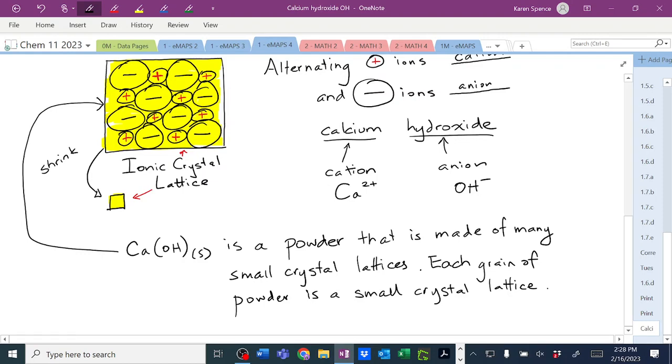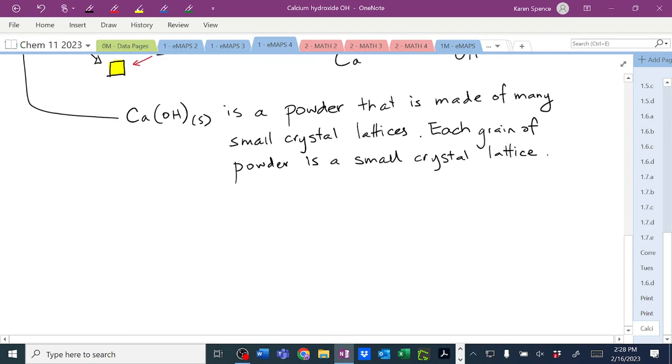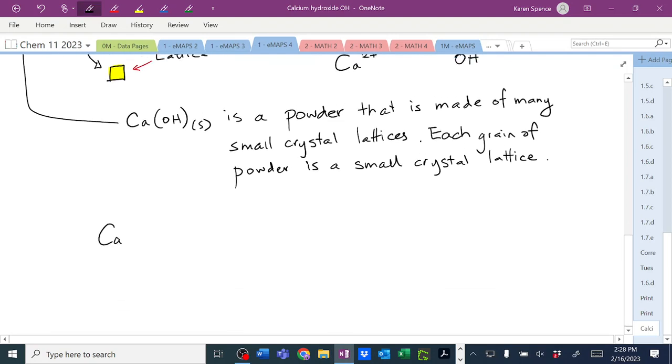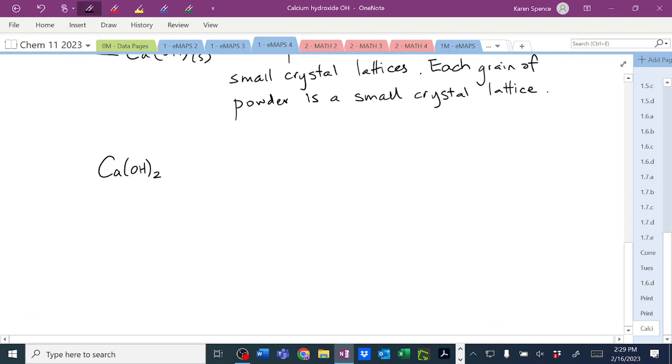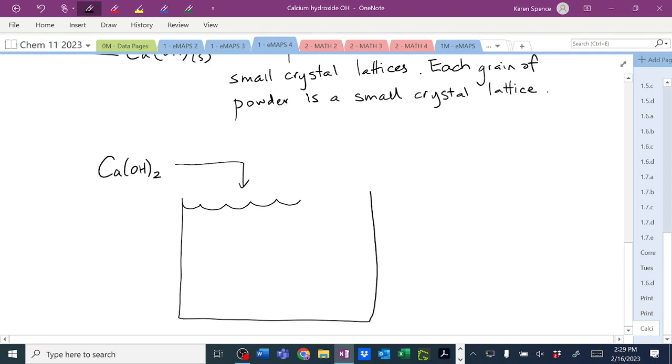Now we are going to take our calcium hydroxide powder and do what we did with it yesterday. We're just going to do it in pictorial form now. And we are going to put it into a beaker full of water. Okay, there's our beaker full of water.